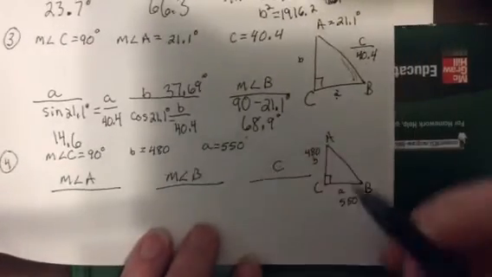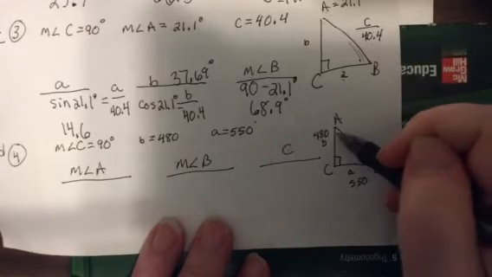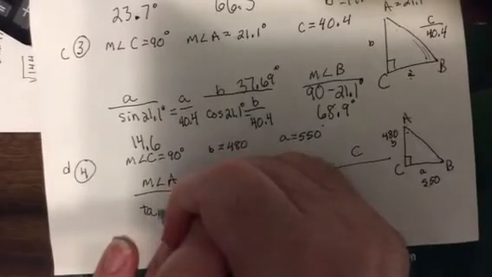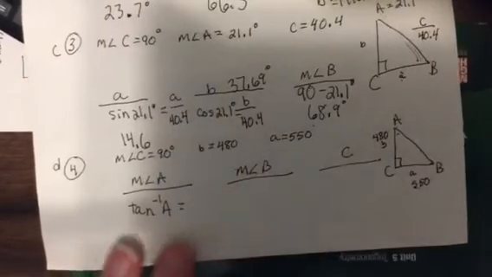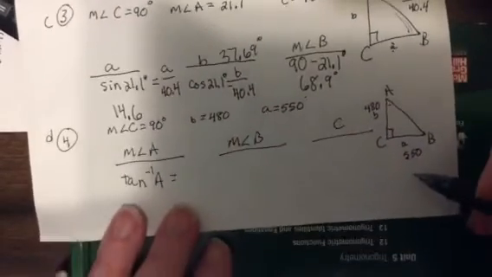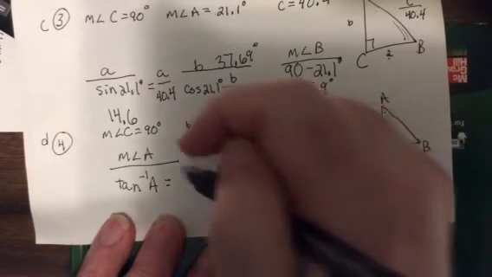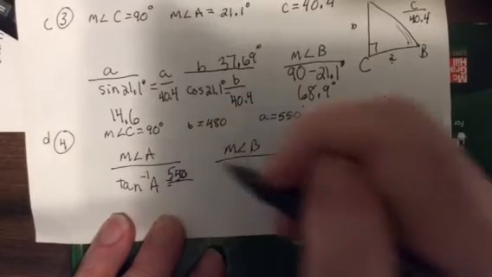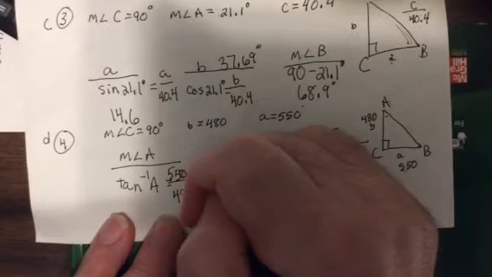So last one, kids. So I know the sides. So to find A, I'm going to do opposite over adjacent, and that's tangent. So tangent of A, I'm looking for an angle, so I got a little -1, would be opposite, which is, I can't read it, 550 over the adjacent, which is 480.